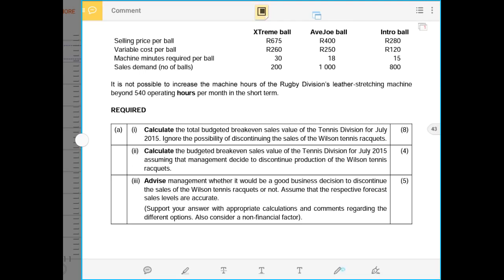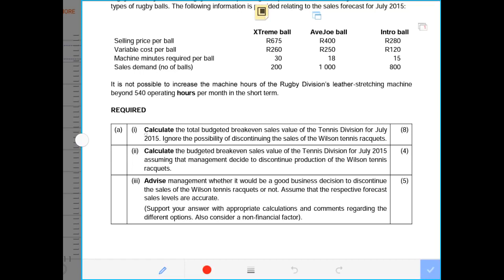So now in the first requirement, it says calculate the budgeted, take note, not the actual, the budgeted break-even sales value of the tennis division, meaning we only need information for the tennis division for us to respond in this question for July 2015, and ignore the possibility of discontinuing the sales of the Wilson tennis rackets.